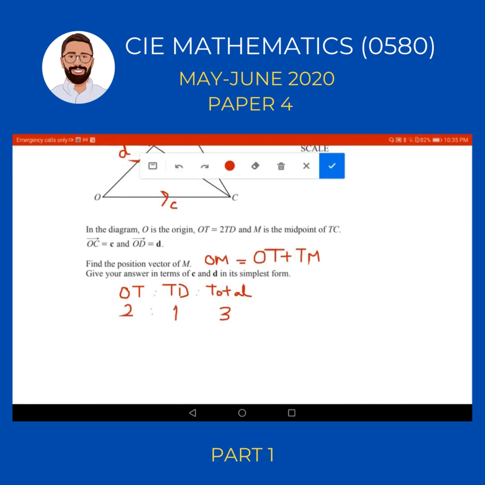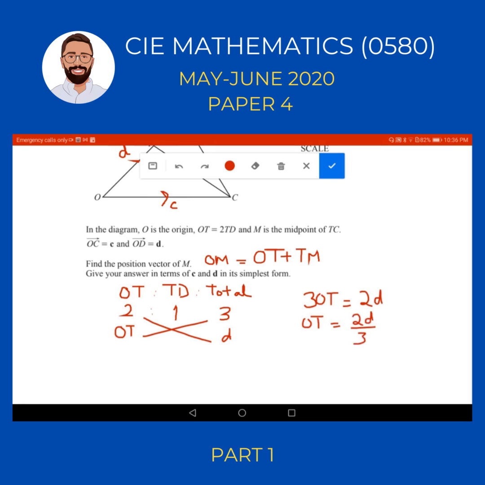So how can I find OT? OT is simply the cross multiplication of D times 2 and 3 times OT. So 3OT here is equal to 2 times D. So OT is 2D over 3.